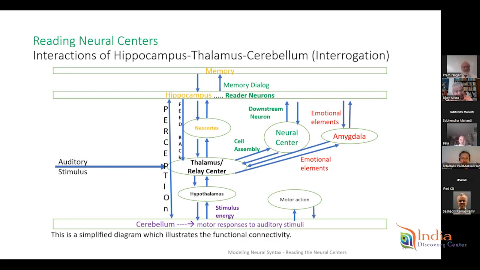So the thalamus serves as the relay station, receiving auditory signals from the ears and relaying them to other brain regions. The hippocampus is crucial for memory and spatial navigation, and contributes to the perceptual aspects of audio signal processing. Collaborating with the neocortex, the hippocampus contextualizes auditory information, linking it to memory experience.